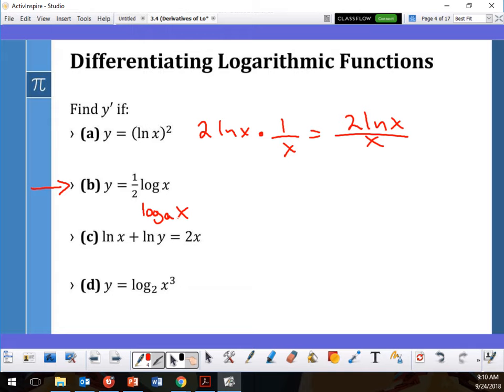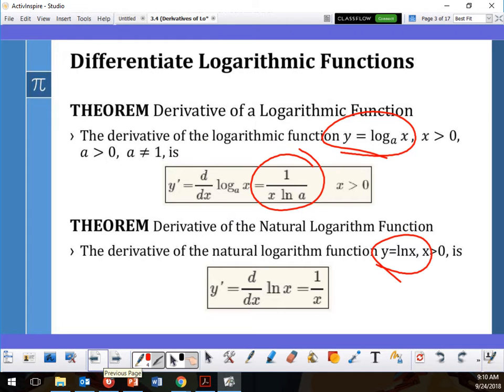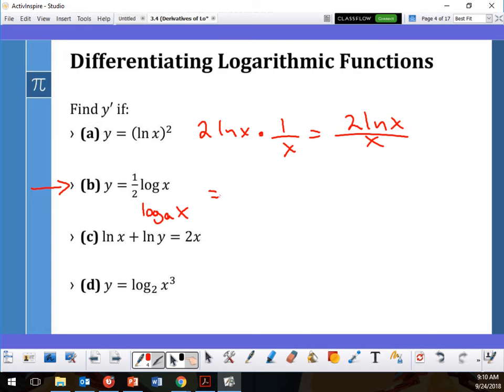So the derivative should be 1 over x ln a. What did we say my a was? 10. So it's going to be 1 over x ln of 10, but what about that 1/2? It's a constant, so that would just give me 1 over 2x ln of 10.